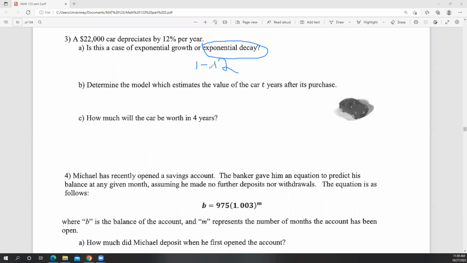We're going to get a very different answer if we just use 0.12. So typically this is something I kind of do in my head. Like think of 100, take away 12 is 88. So make it 0.88. I do not do this stuff in my head though. Times 0.88.